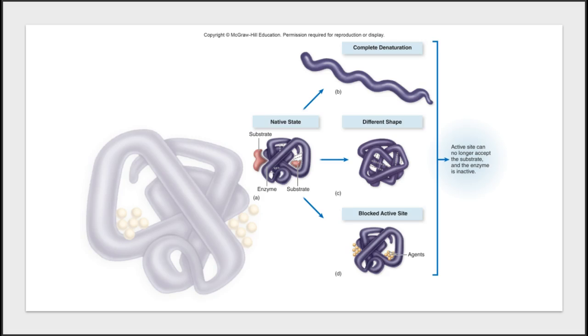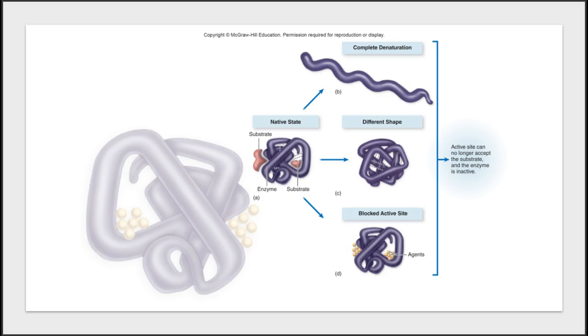It's completely ineffective. The second way is to change the shape of the active site. By doing that, the enzyme is no longer able to perform its function because the substrate that it acts on is no longer able to bind to the active site. So the reactions have been stopped.